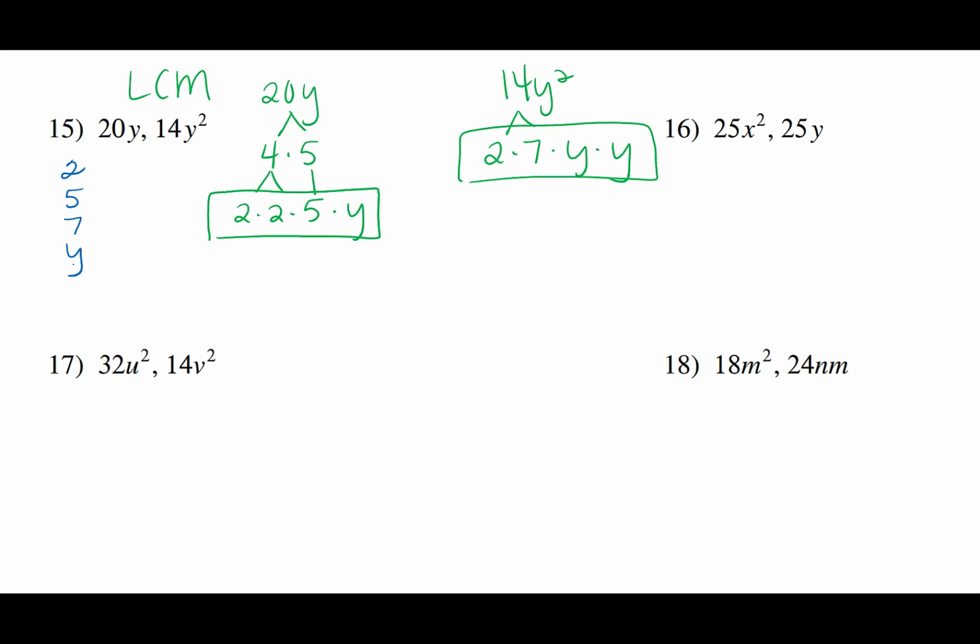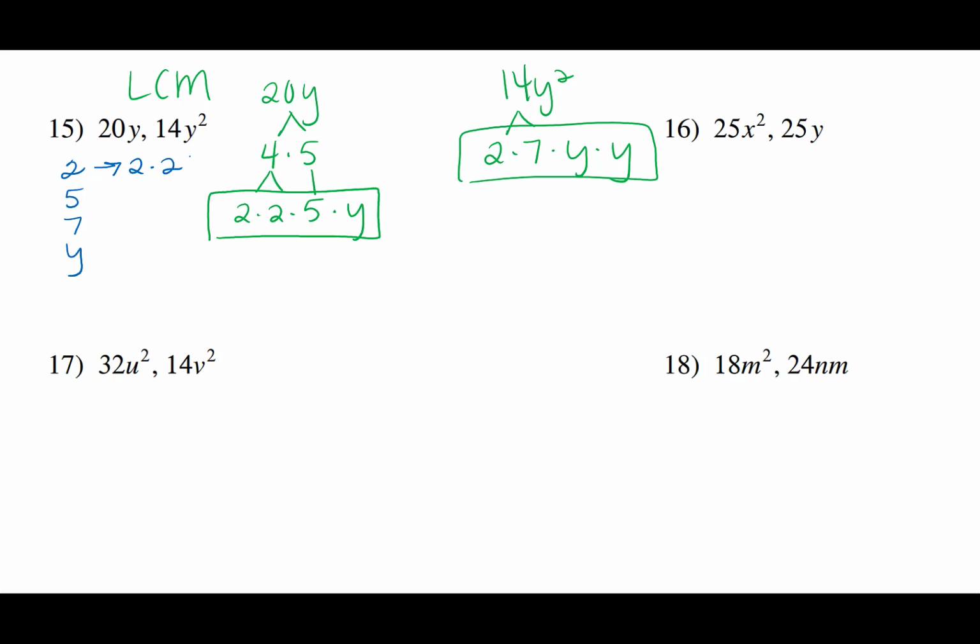Okay, go back to the factor 2. It shows up only one time in the prime factors of 14y squared. It shows up 2 times in the list of prime factors of 20y. 2 times showing up is more than 1 time, and so the most a 2 shows up is twice, so I'm going to write 2 times 2.